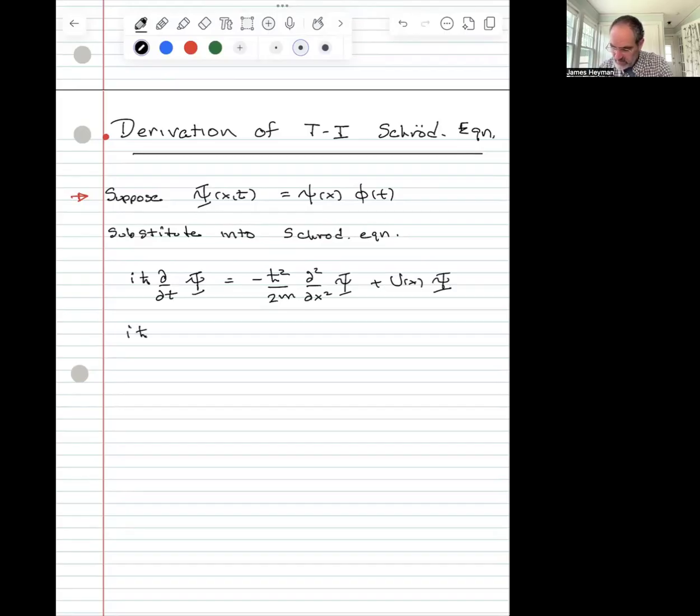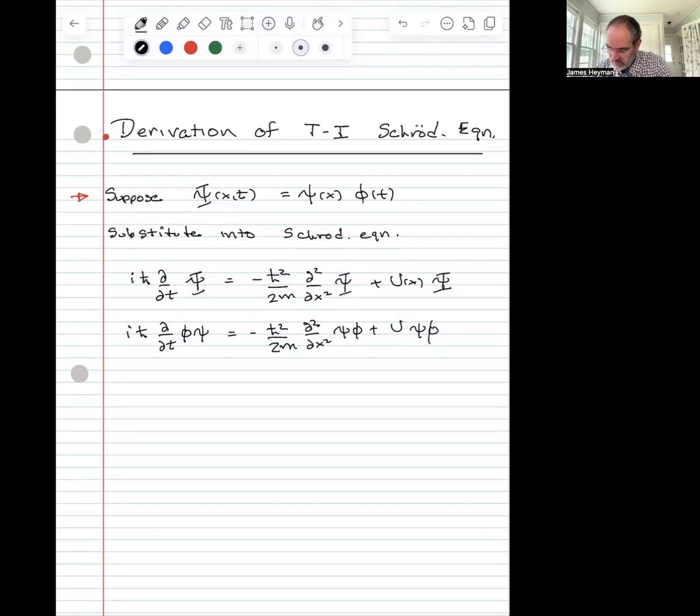So making that substitution, we have i h bar times the time derivative of phi times psi is equal to minus h bar squared over 2m times the second derivative with respect to position of psi times phi plus U times psi times phi. Now, notice that the phi function depends on time, but the psi function does not.